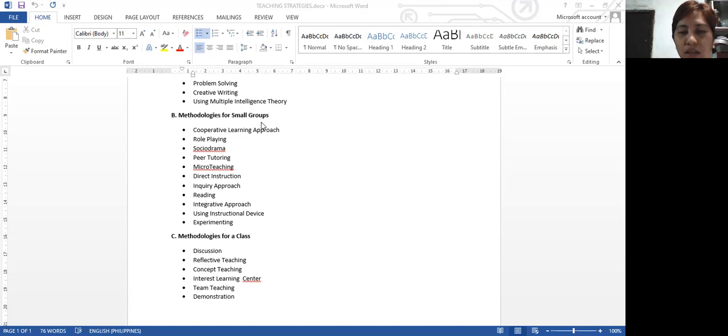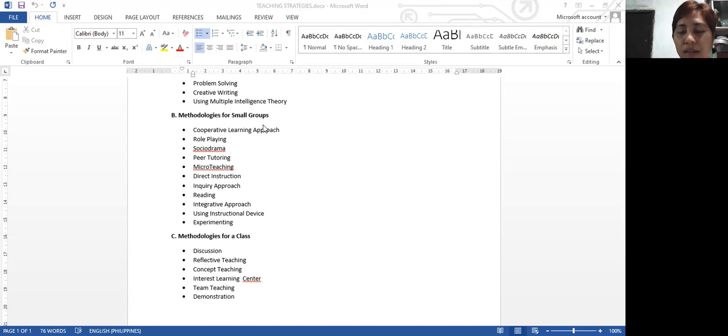All of these are usually applied in technology and livelihood education, because practically speaking, when it comes to technology, of course, the main focus is on skills. So as much as possible, there should just be small groups. Of course, the focus is on honing the skills of the students.